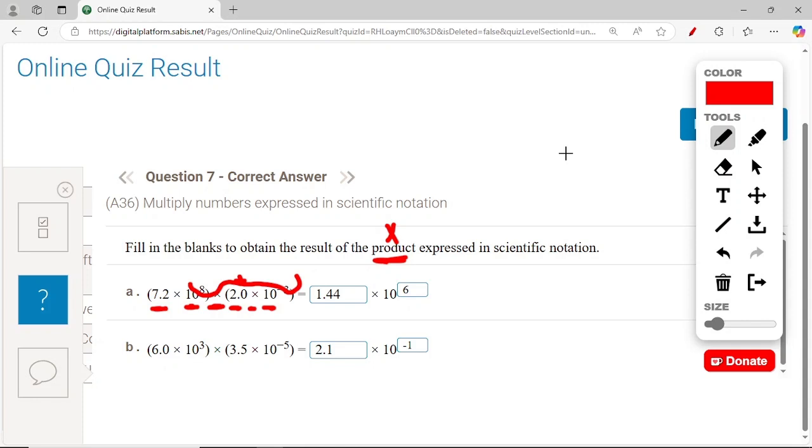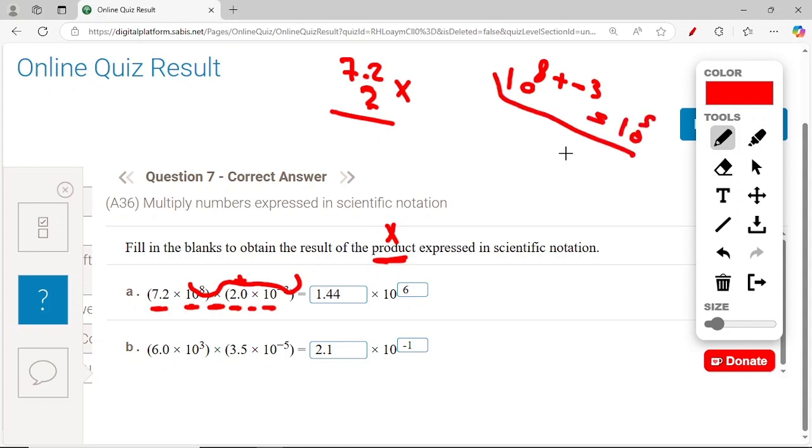So I have here 7.2, multiplied by 2, okay, this is number 1. And I have here 10 to the power of 8 plus minus 3. So this will be 10 to the power of 5, okay.